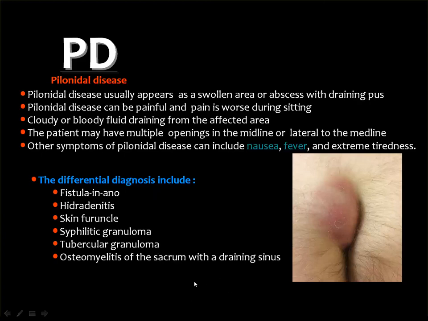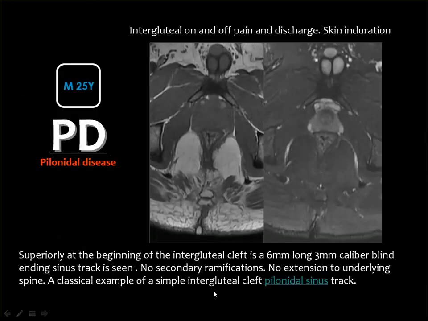In the first line is the fistula in ano, then hidradenitis and skin furuncle, syphilitic granuloma, tubercular granuloma, osteomyelitis of the sacrum.